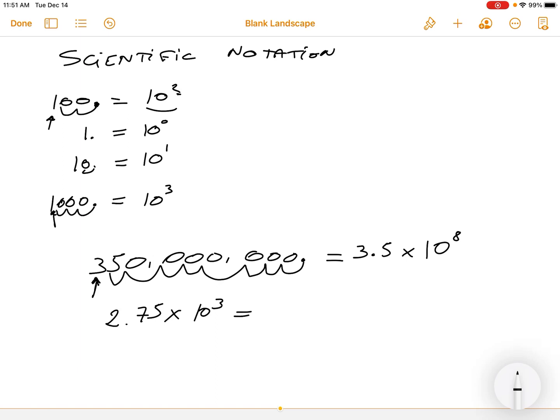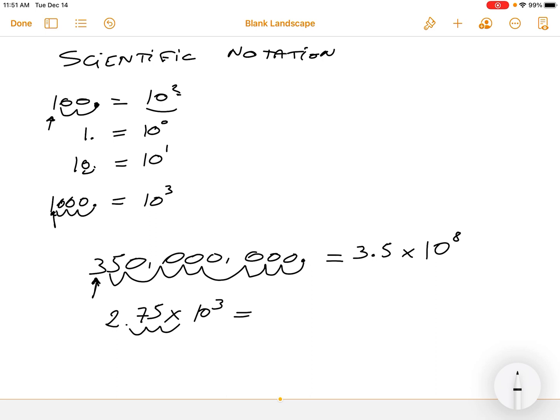You know from the exponent 3 that your number without scientific notation has 3 digits after the decimal, like 1, 2, 3. So you'll need to add 1 zero. So 2.75 multiplied by 10 to the power of 3 is 2,750. So that's how you work with big numbers.